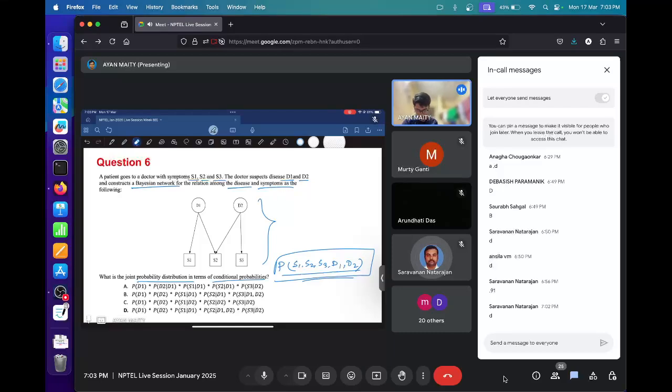So in the conditional probability you can simply separate these variables out: probability of D1, probability of D2, because they are not dependent on any other variables. Now for the other variables, first we take S1. S1 is dependent on D1, so we have to write probability of S1 given D1 based on the direction of the edge. The edge direction is from D1 to S1, so it would be probability of S1 given D1.